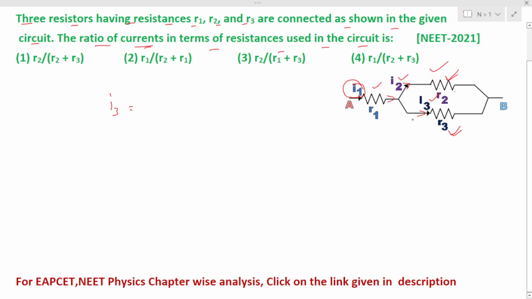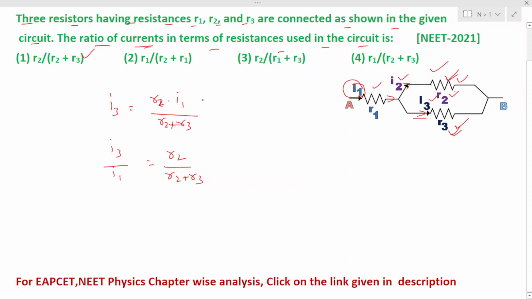The current flowing through I3 will be equal to the opposite parallel resistance, that is R2, into total current I1, by the sum of the two parallel resistances, R2 plus R3. From this I can write I3 by I1 as R2 by R2 plus R3. So the answer is our first option.